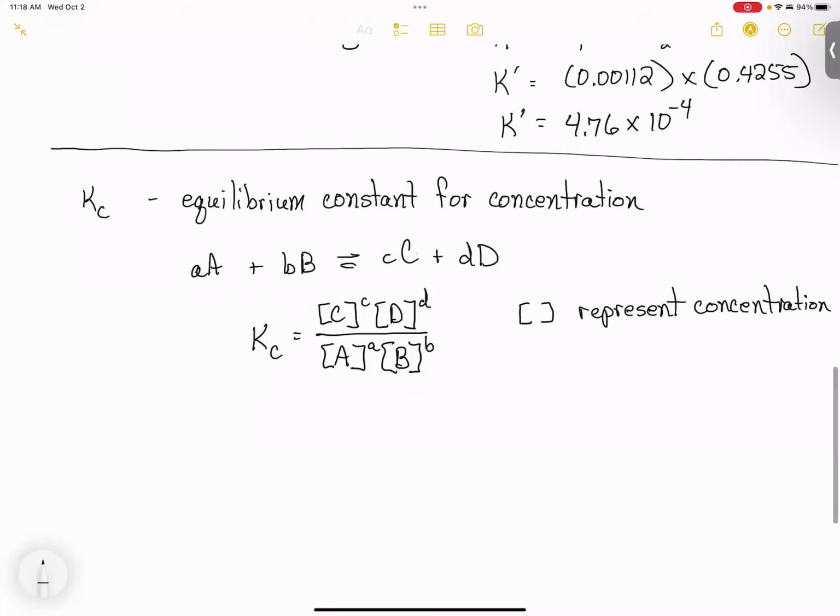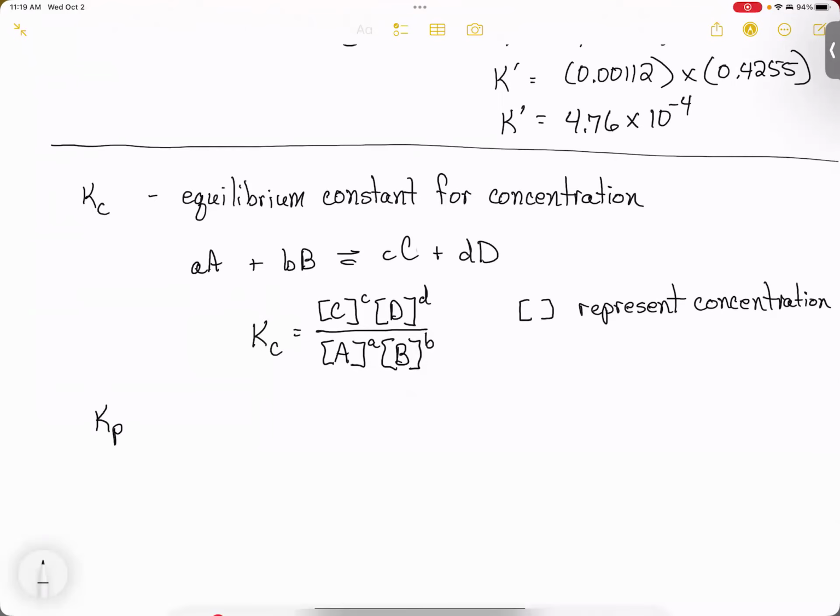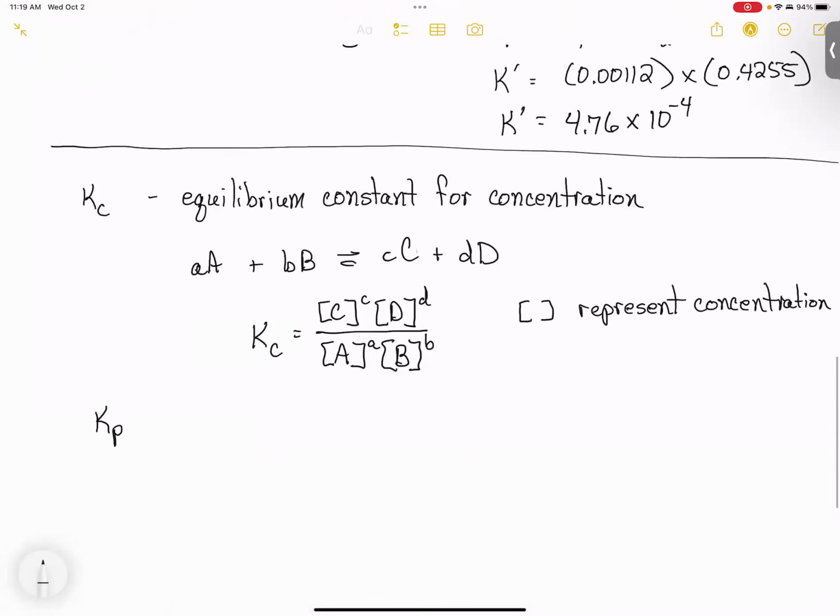But as previously mentioned, we can talk in terms of Kp. And we use Kp a lot for gases to talk in terms of pressures.